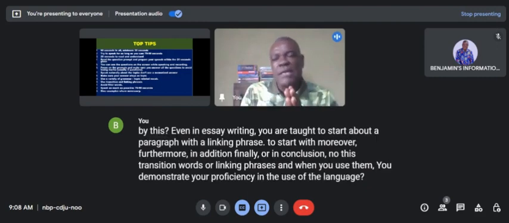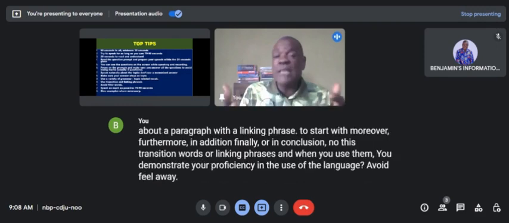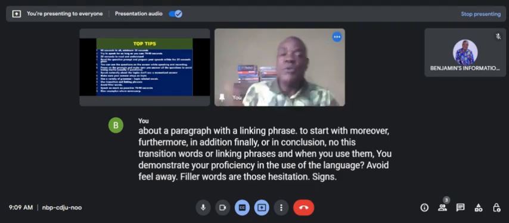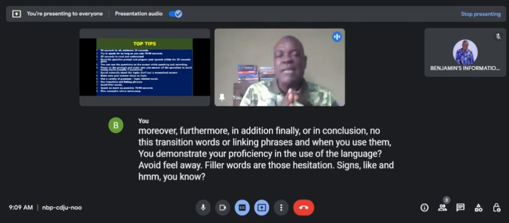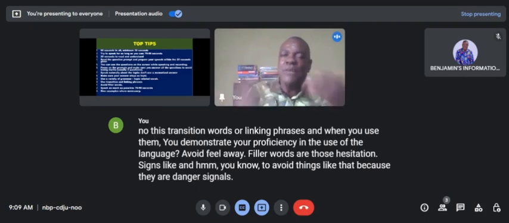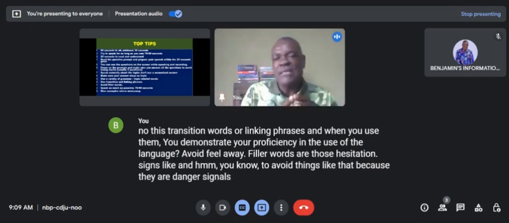Avoid filler words. Filler words are those hesitation signs, like "you know". Avoid things like that because they are danger signals. They indicate that you lack fluency.